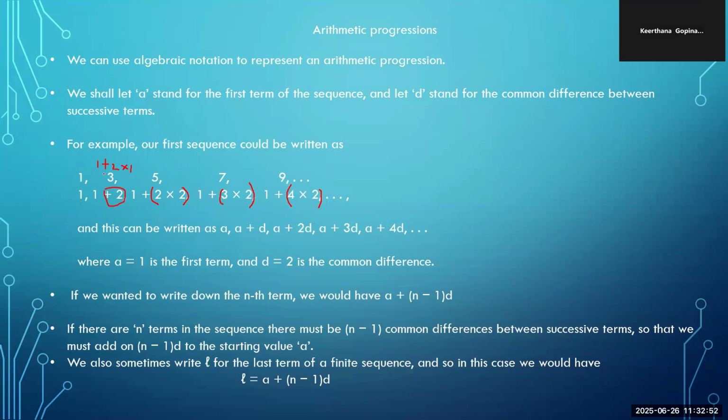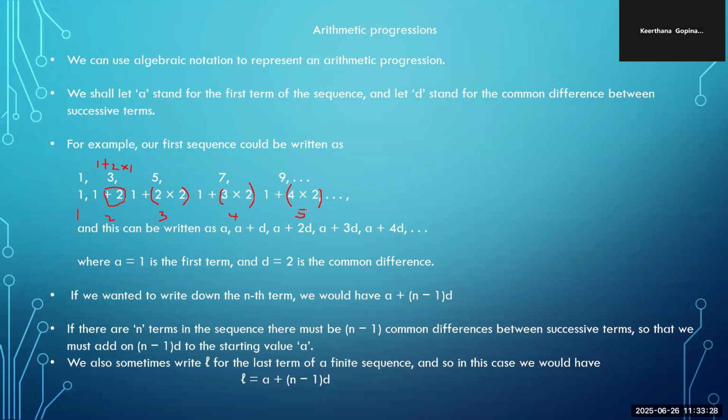So the first term is 1. The second term is 3. The third term is 5. The fourth term is 7. Now, this is the first term, second term, third term, fourth term, fifth term.